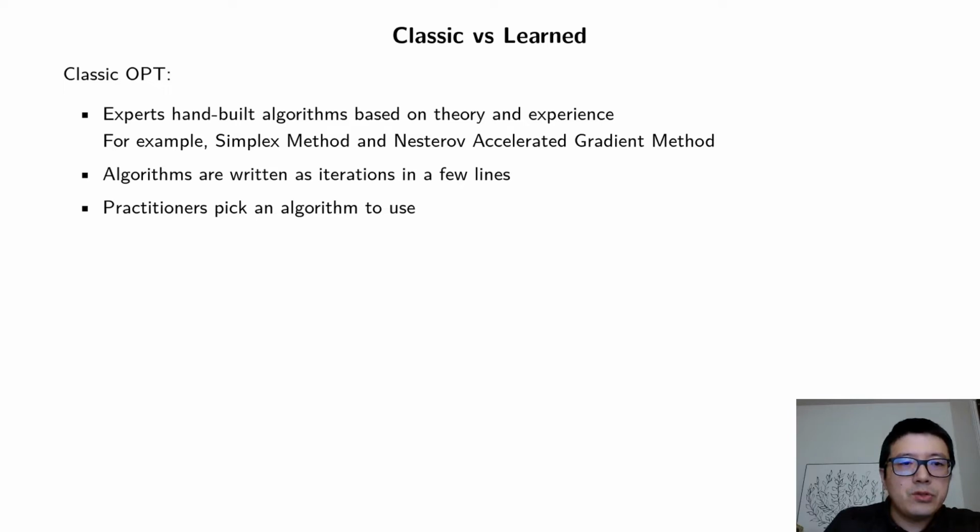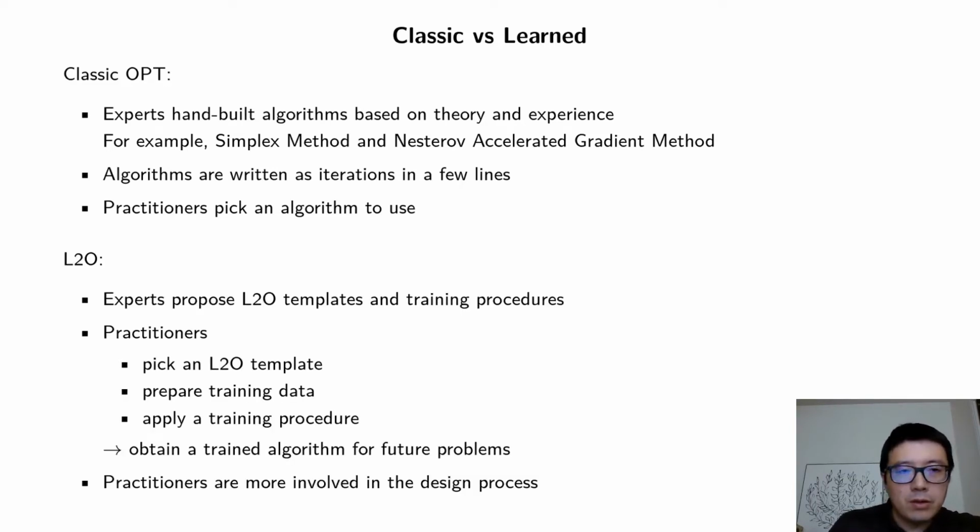When it comes to applying them, the practitioners will have a problem at hand, and they usually reformulate the problem into the form that one of these classic optimization algorithms can solve, and then they pick the algorithm. They may have 1 or 2 parameters to tune, but that's it in terms of tuning. Learning to optimize has practitioners more involved in the design process of the algorithm.